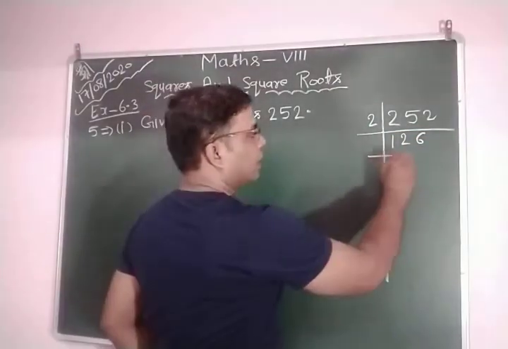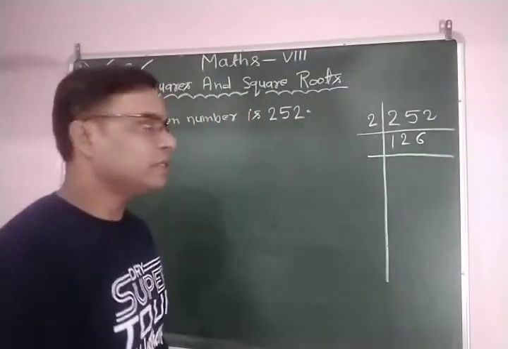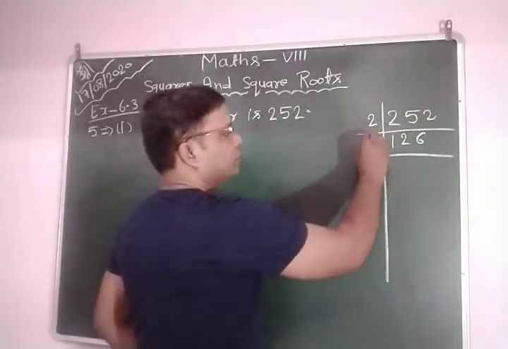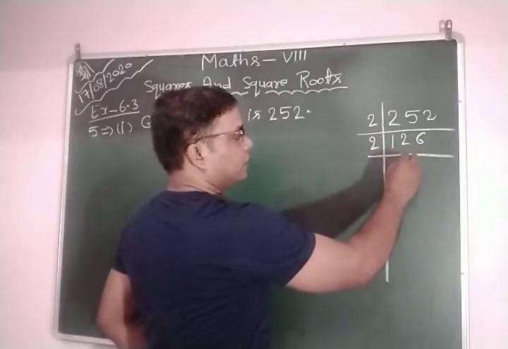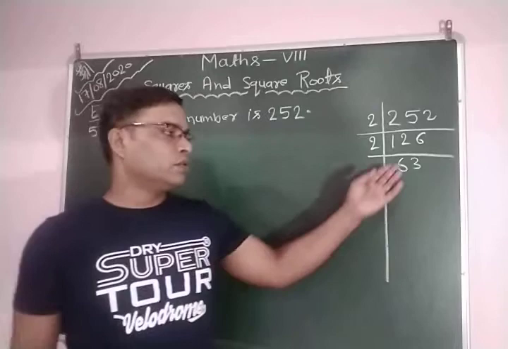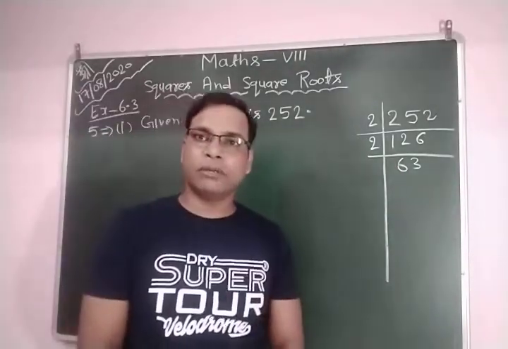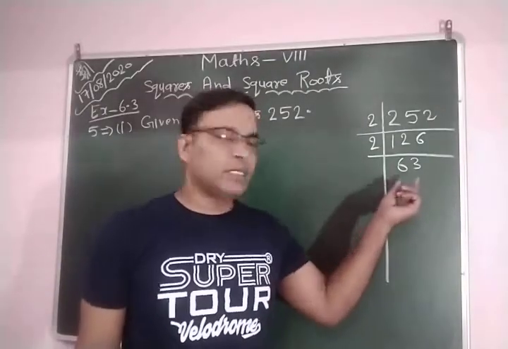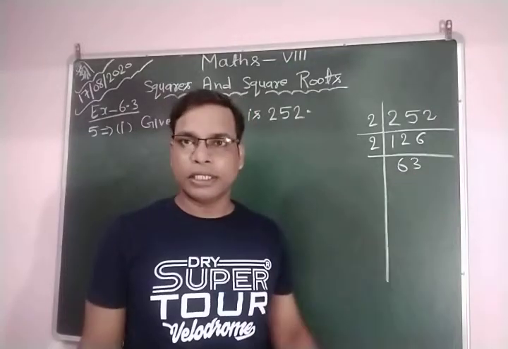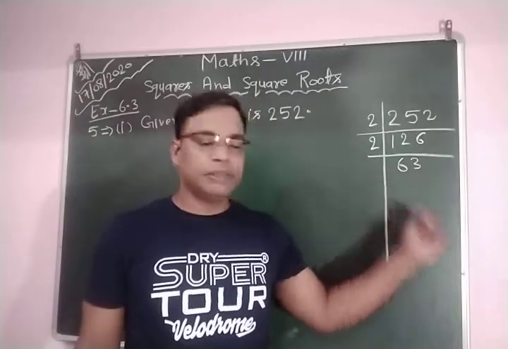After this again you can see the unit digit is an even number, so it is divided by 2 again. 2 threes are 6. After this 63 is divisible by 3 because the sum of the digits, 6 plus 3, is 9, and 9 is divisible by 3.